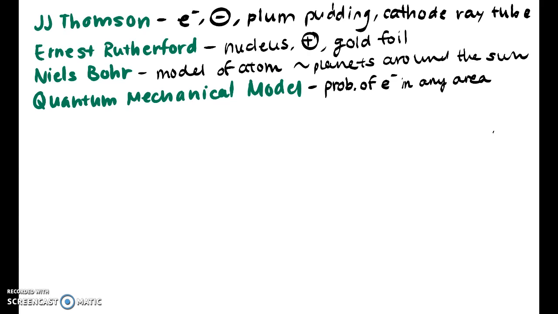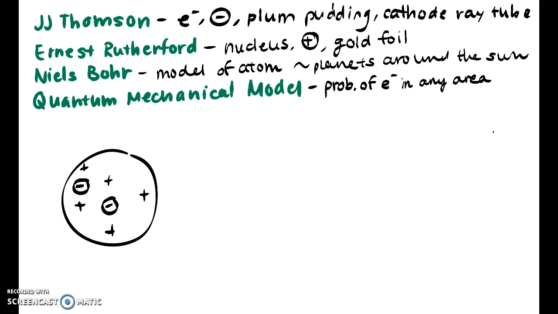So if we draw the plum pudding model, it looks something like this. A large positively charged plum pudding, and we have small negatively charged pockets around. Ernest Rutherford didn't come up with an atomic structure theory. Niels Bohr said this is our nucleus.